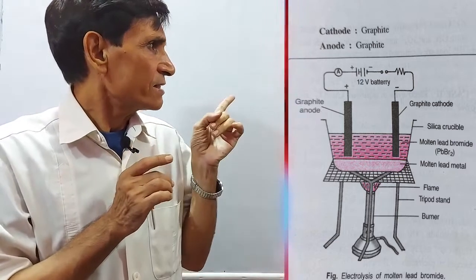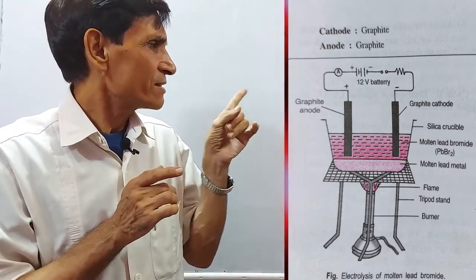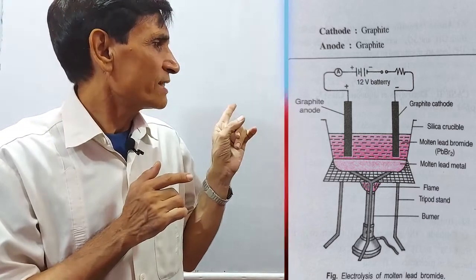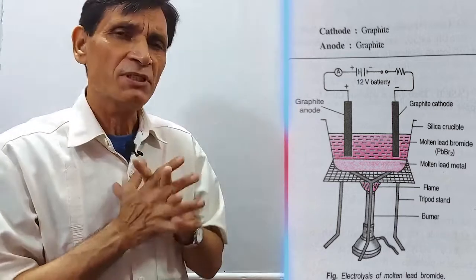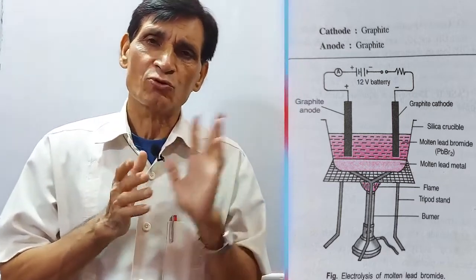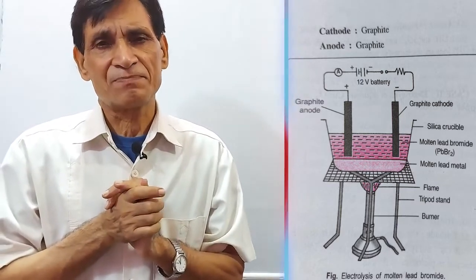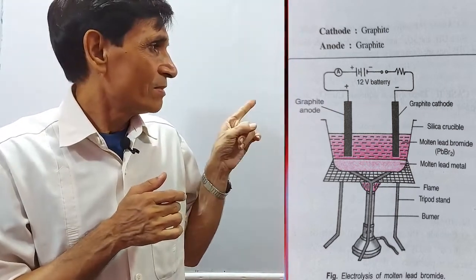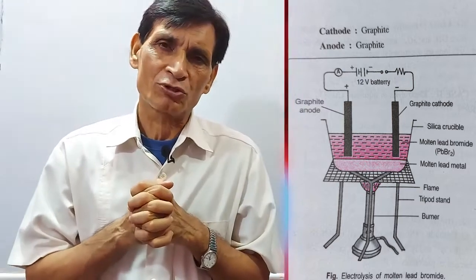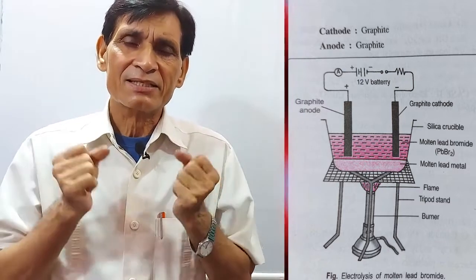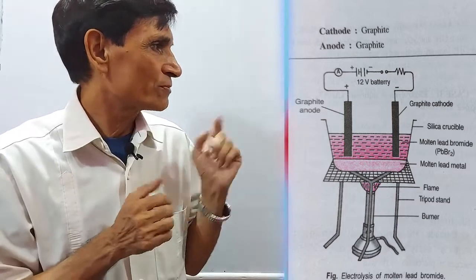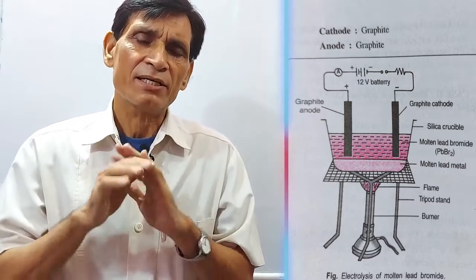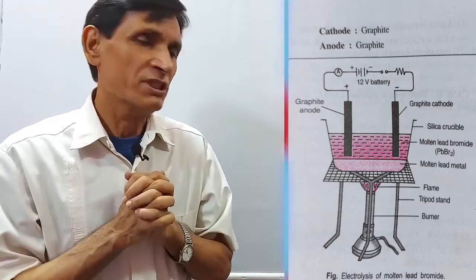Br- loses an electron to form a bromine atom, and bromine atoms combine to form a bromine molecule at the anode. Next, cathode reaction. Lead ions Pb2+ migrated to the cathode gain electrons from the cathode and change to lead atoms, and are deposited around the cathode near the bottom.